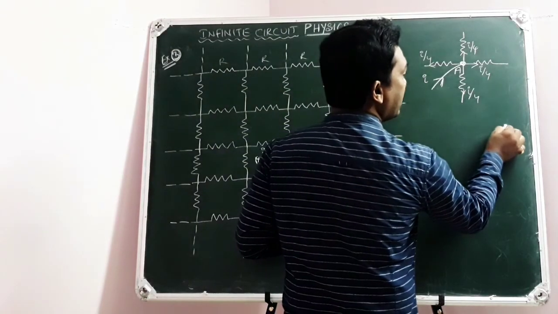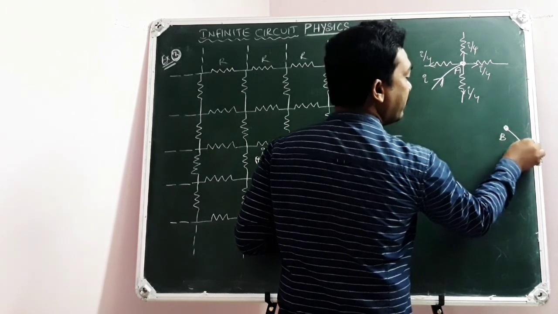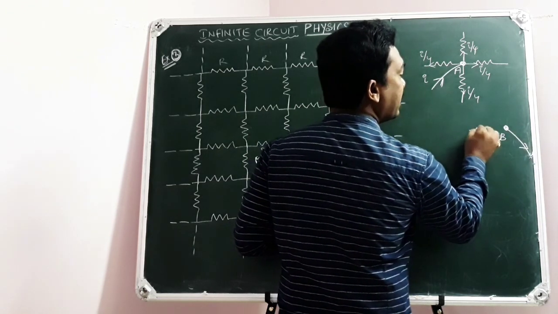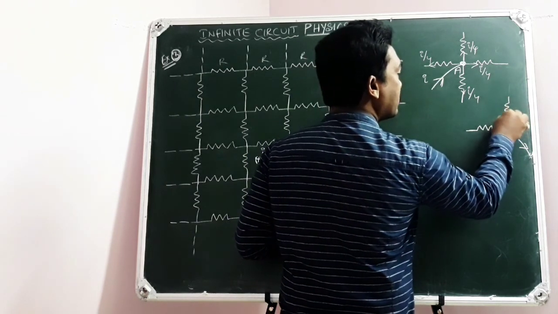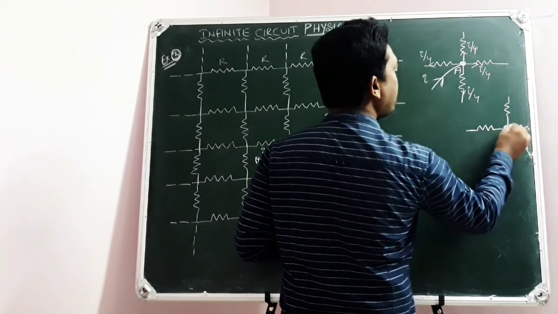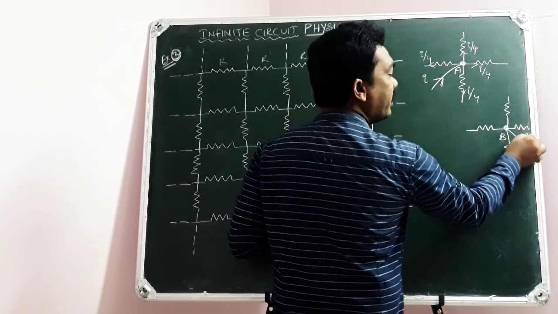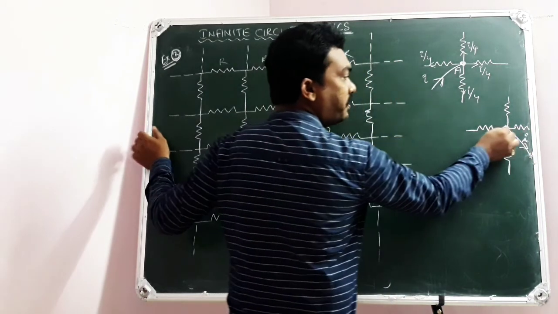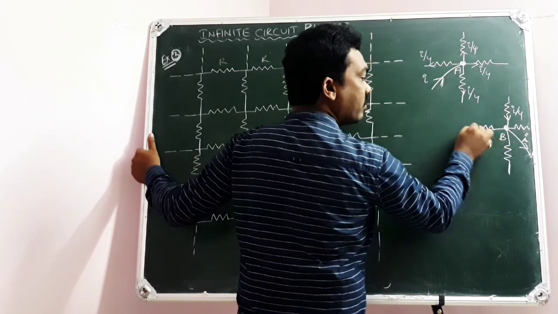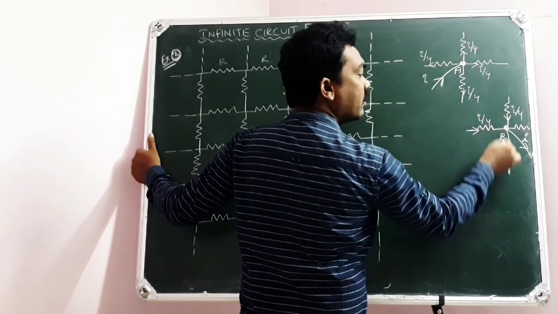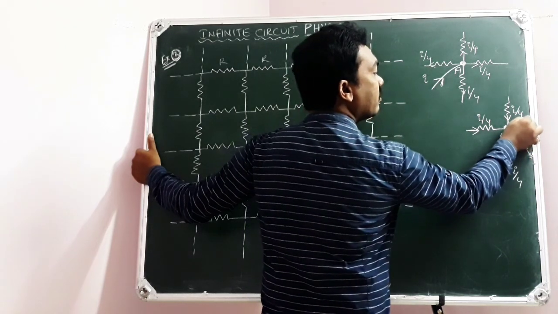But here there is a junction B where the current I is leaving. At B, again, there are 4 resistors. So as I current is leaving at B, B has to get I by 4, I by 4, I by 4 and I by 4.